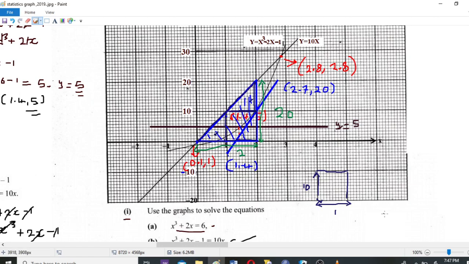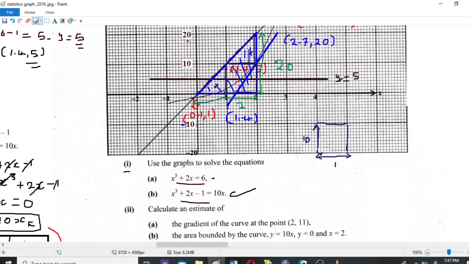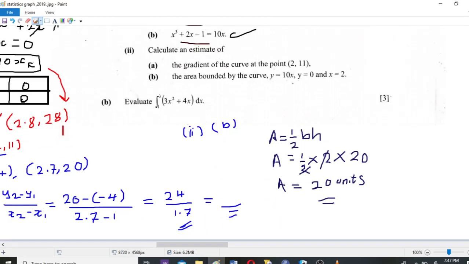So you have 10 plus 10 when you use the method of counting, and this gives you 20 units as well. Whichever method you use, you will still get the same answer. Both give 20 units as the estimate of your area.